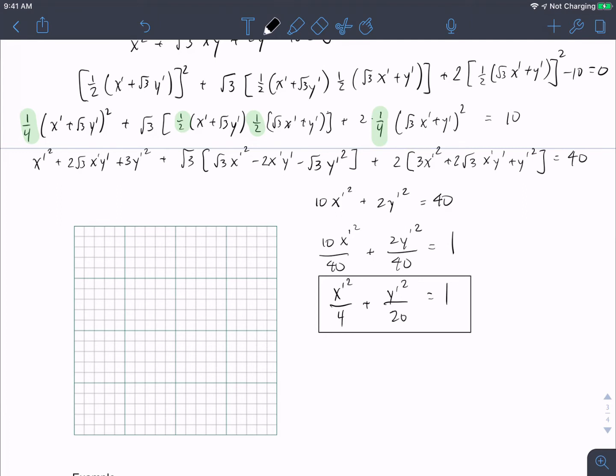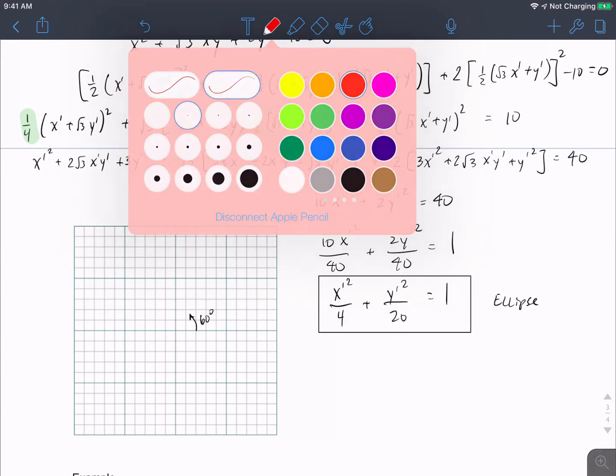It's in primes. And so what happened here is we have an ellipse, right? And so the center of it is going to be at the origin after the rotation. And remember, the rotation is a rotation by 60 degrees. And so to have a rotation by 60 degrees, that's going to occur, let's see, I'll do it in red so you can see it.